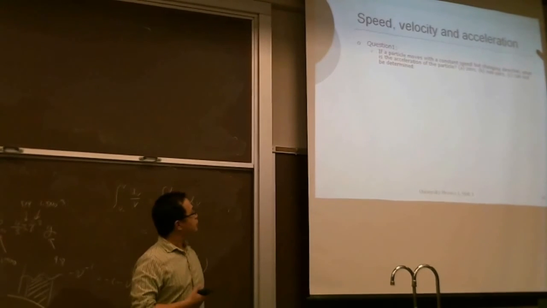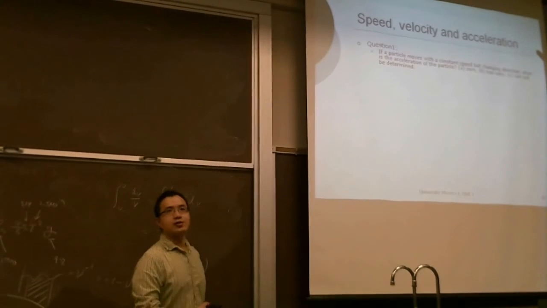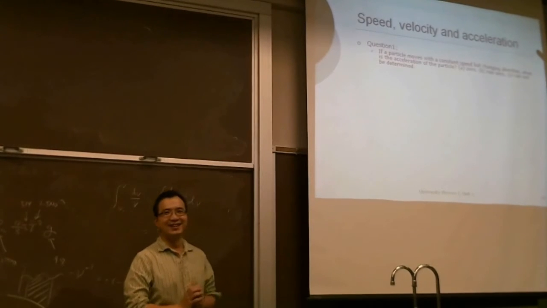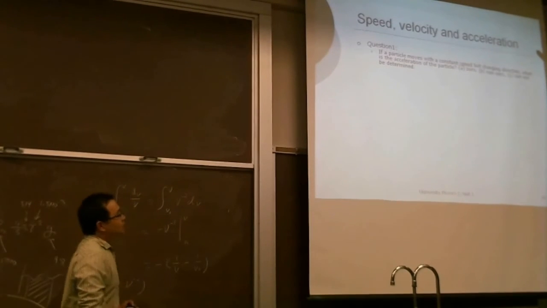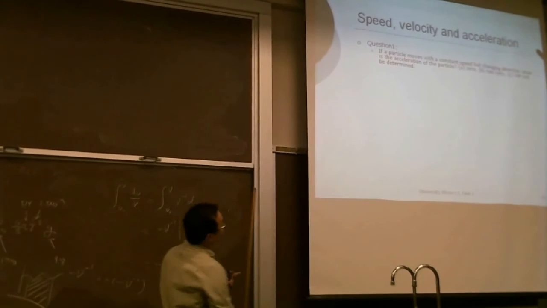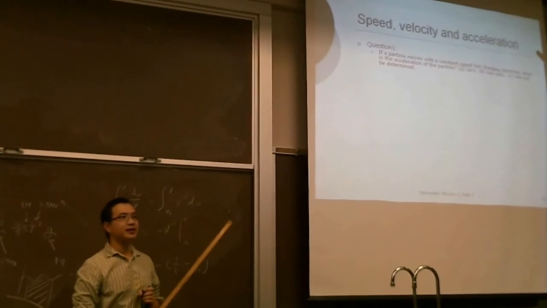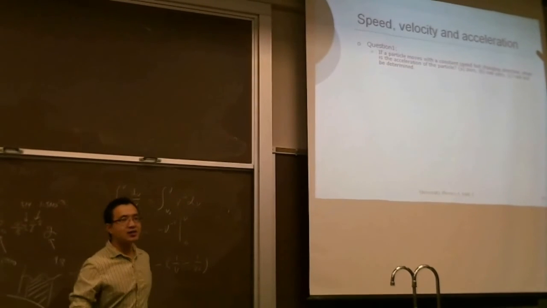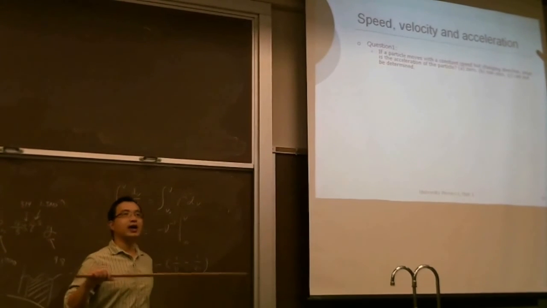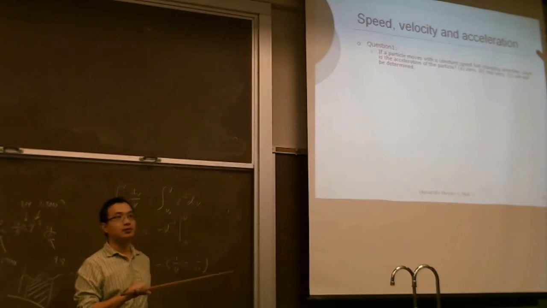First, A is definitely wrong. Please note that I emphasize constant speed, not constant velocity. If a motion has constant velocity, you know that the acceleration has to be 0.